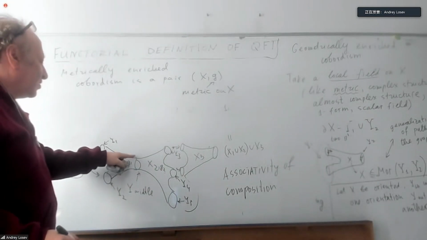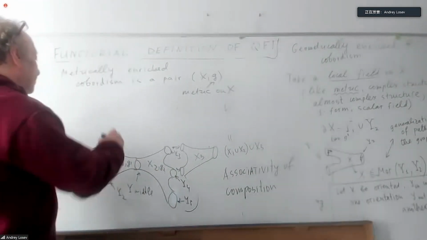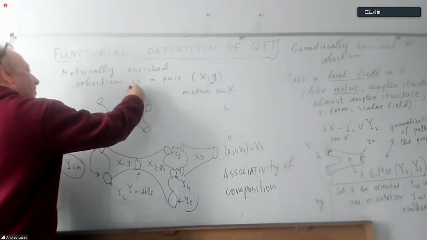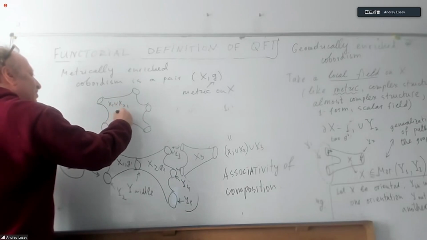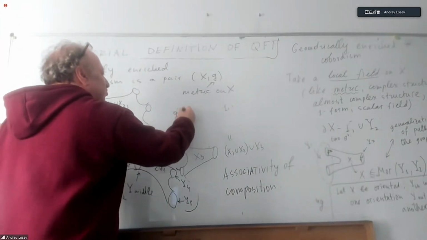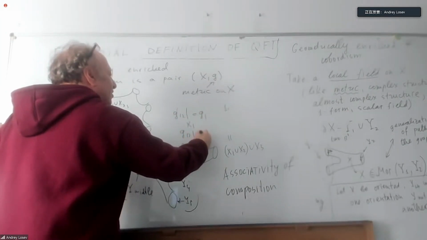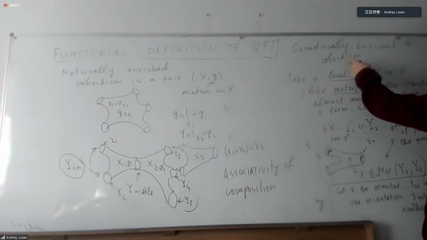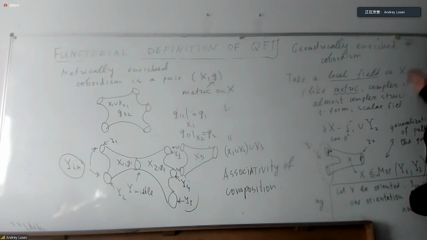If I have X1 with metric g1 and X2 with metric g2, I can glue them together to get X1 union X2 with the metric g12. So g12 has the following property: g12 restricted to X1 is g1, and g12 restricted to X2 is g2. So this is how I can geometrically enrich cobordism. Okay?